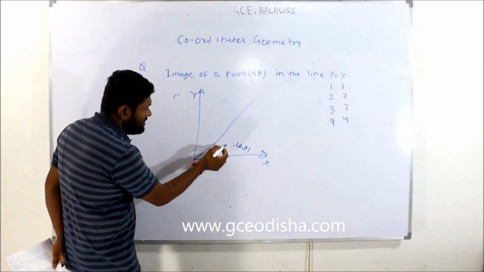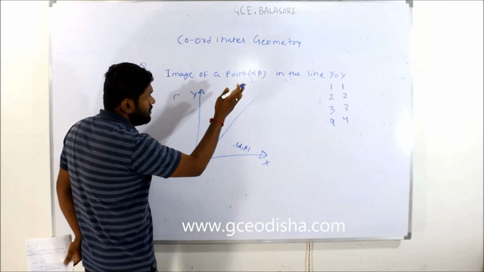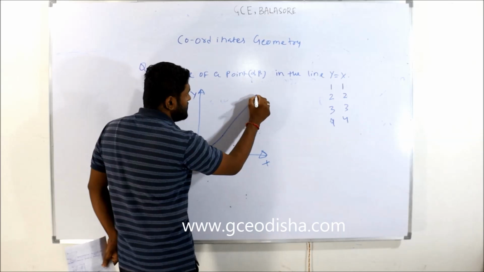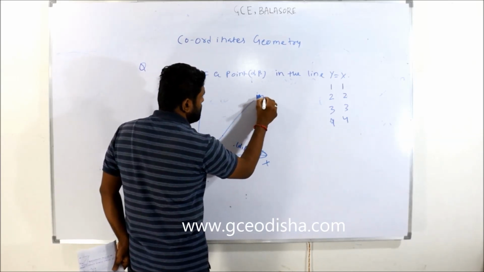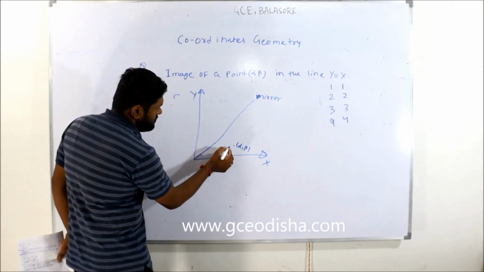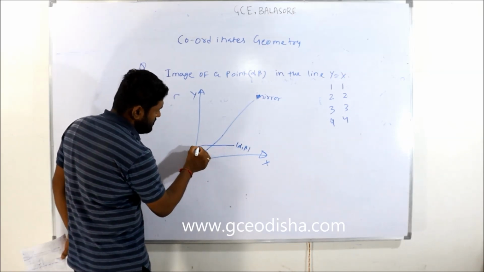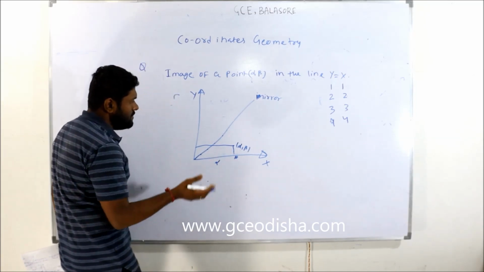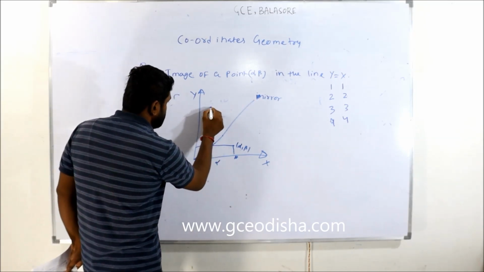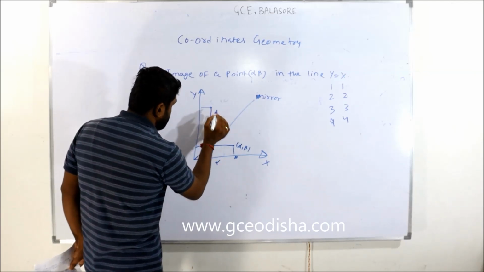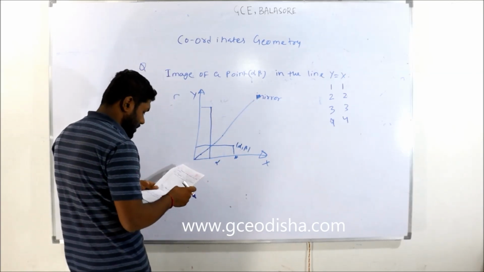Image of the point in the line y equals x: image means like a mirror. Then what is the distance here? This is alpha units and this is beta units. The image generally reverses that. This point will come here. So what will come?